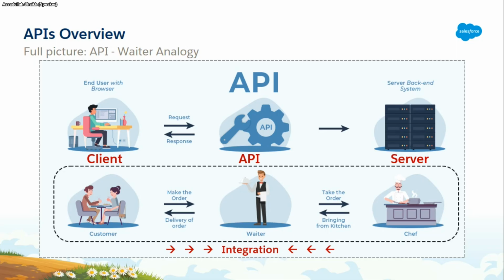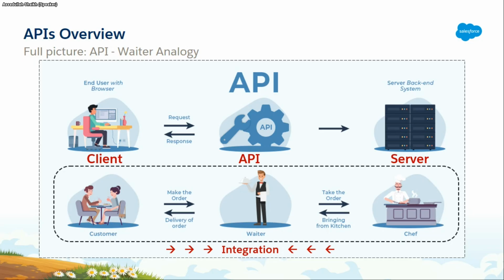So moving forward, when we talk about API integration, there are certain patterns or strategies to integrate multiple systems together. Before I move forward, in this example, we have a customer sitting at a restaurant, and the waiter acts as a medium to receive the order from the customer, and the restaurant prepares the order. But what happens if you are not at the restaurant?